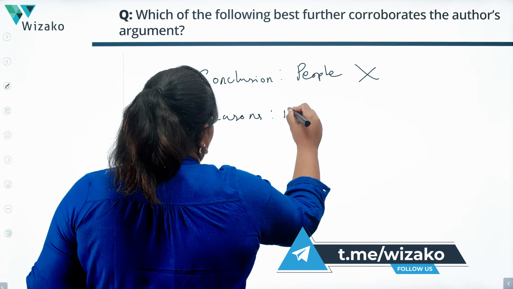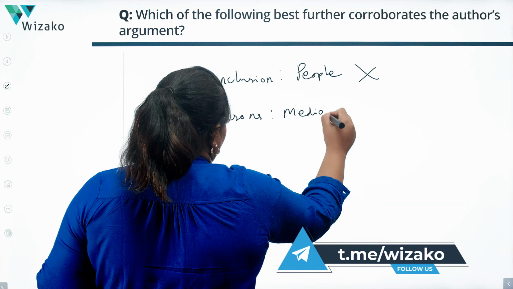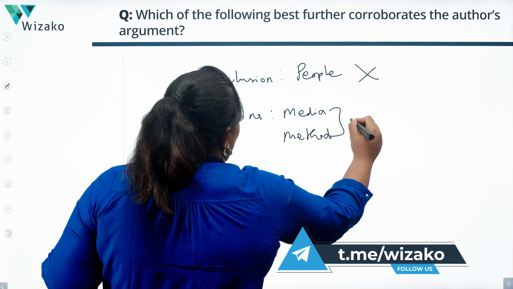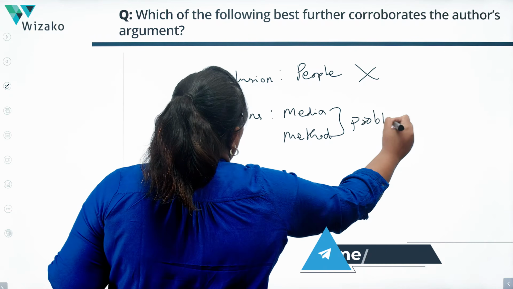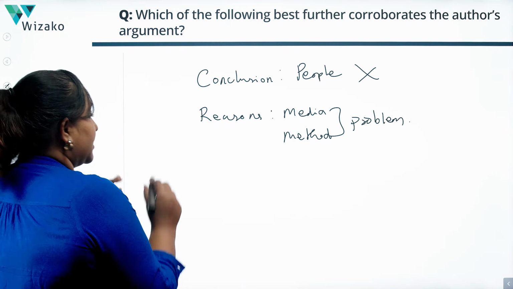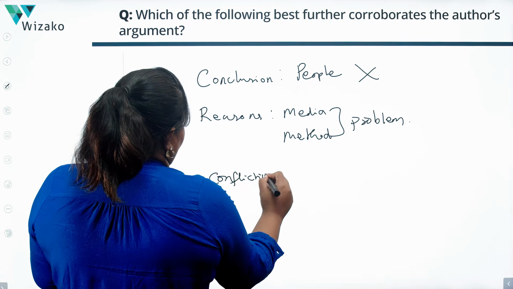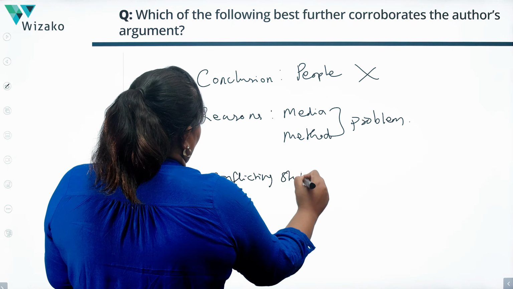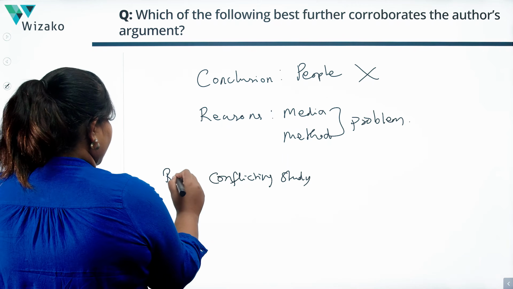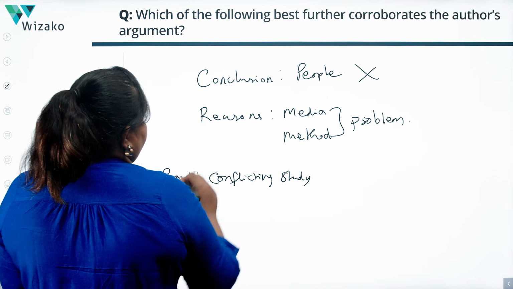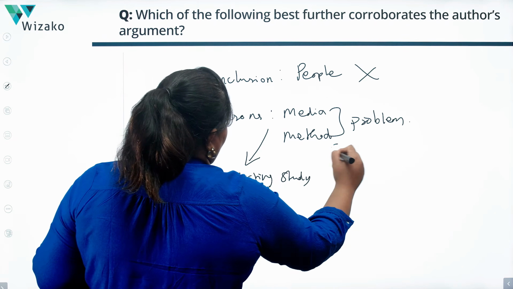He's basically saying that the media or the method used in a particular study, one of these two, is the problem contributing to inaccuracy. So when you have a seemingly conflicting study, and this is your result, what you essentially have is one of these two as your causes.